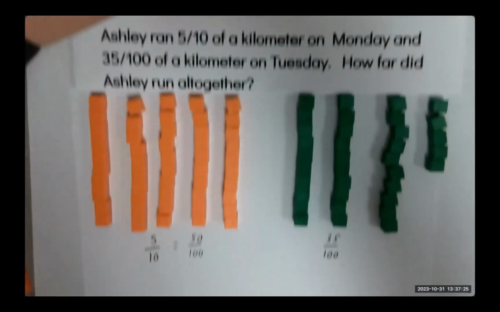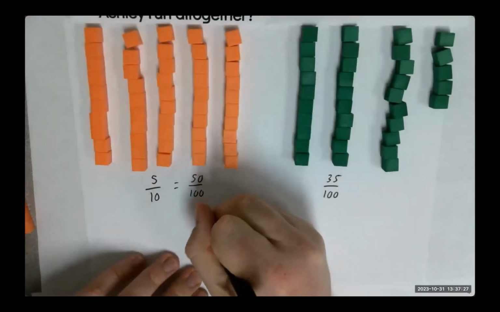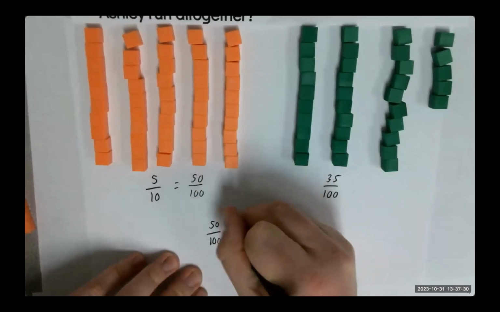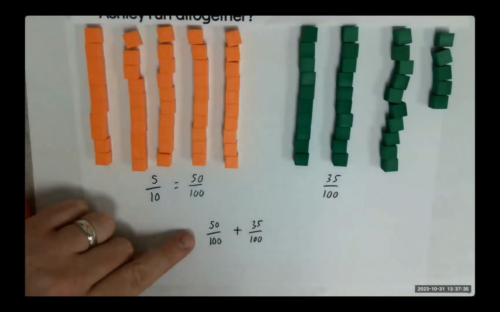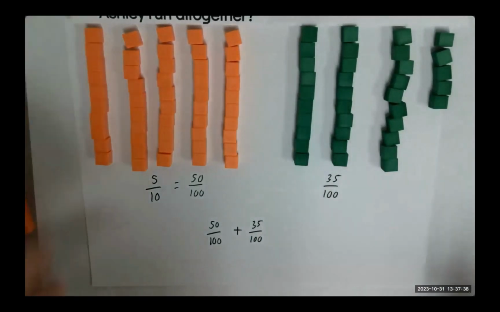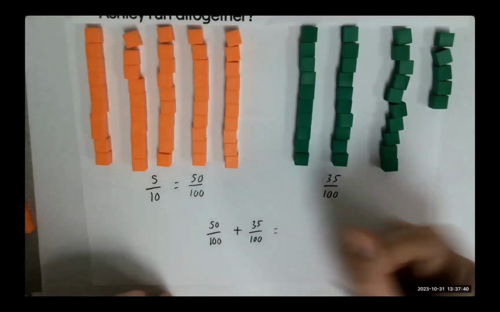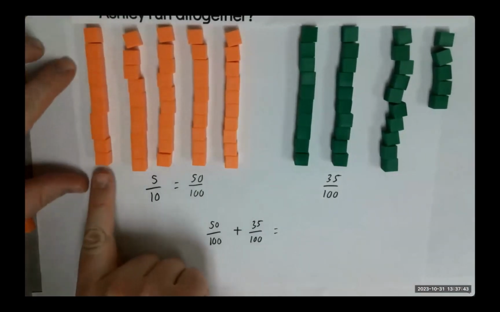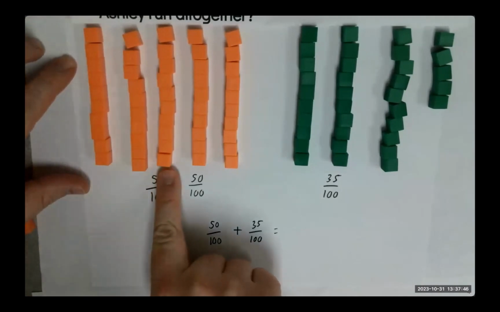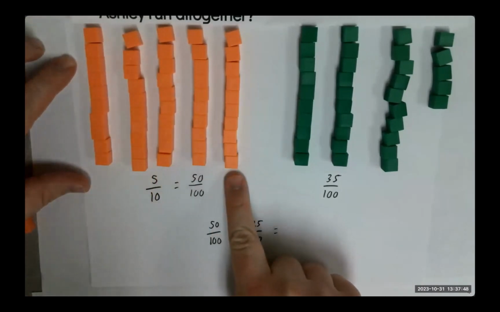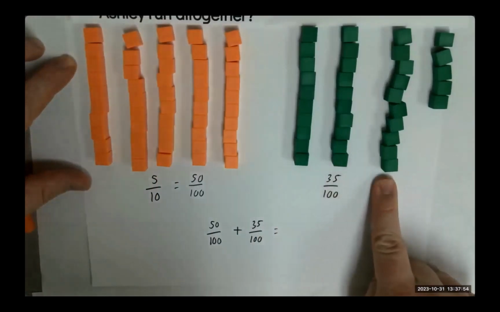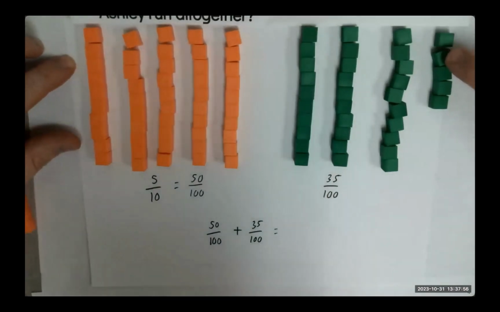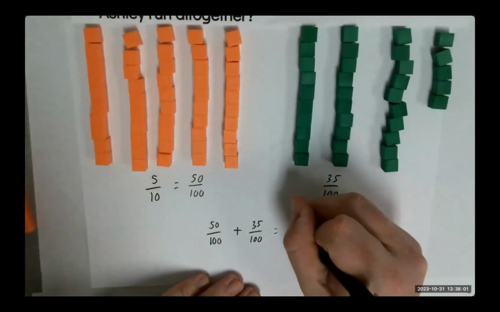I am able to solve 50 hundredths plus 35 hundredths, because now I have a like denominator for each fractional value. So when I add these together, I see that I will have 10 hundredths, 20, 30, 40, 50, 60, 70, 80 hundredths, 81, 82, 83, 84, 85 hundredths.